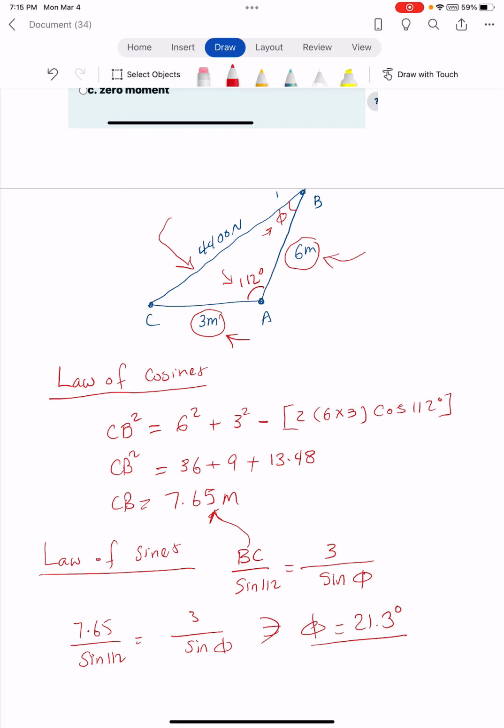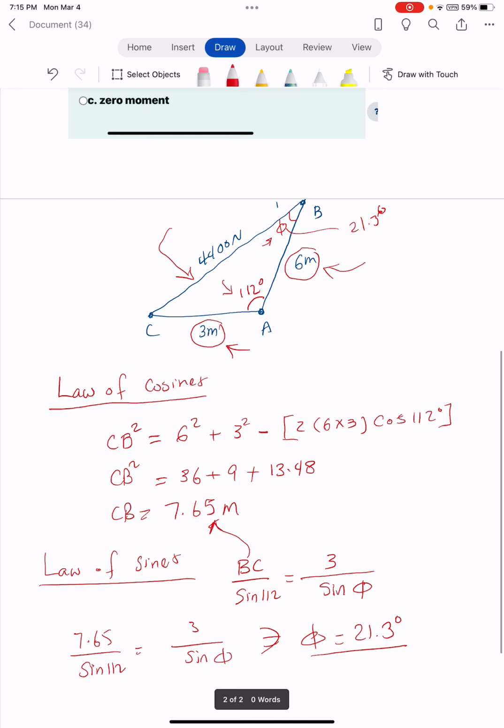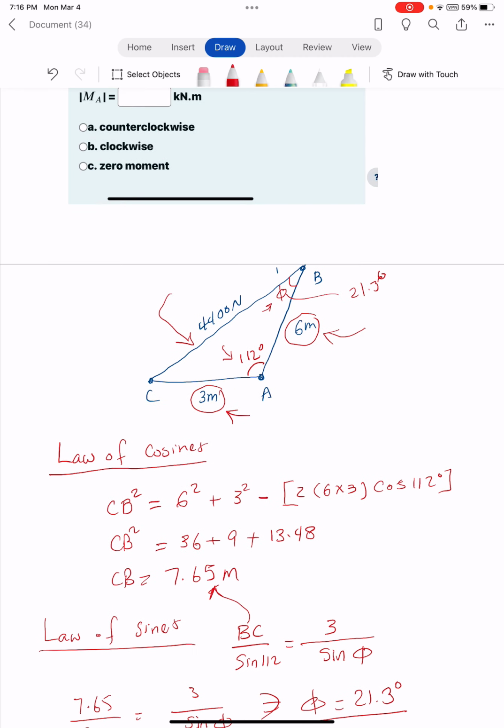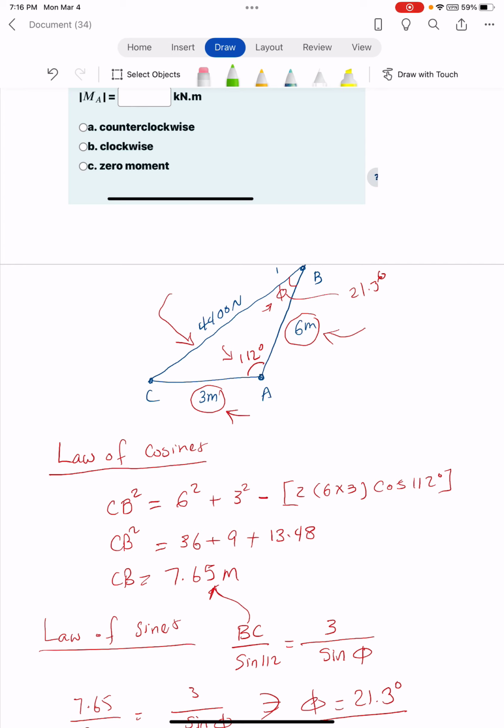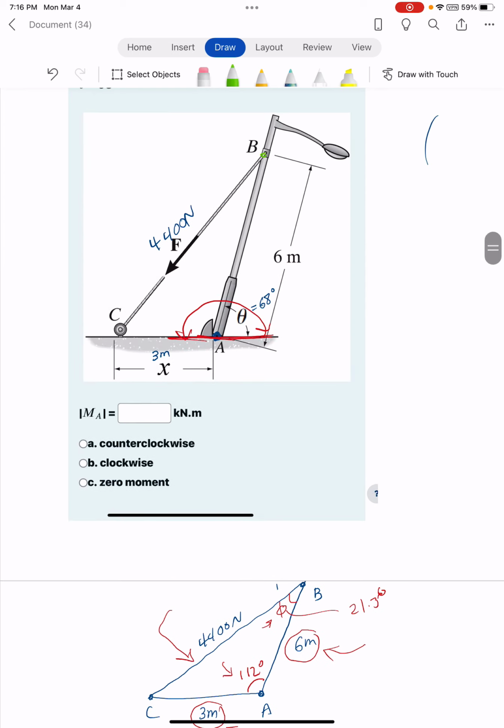Now this is 21.3 degrees. So now we could find out the moment at A. So how are you going to find the moment at A? Let's just do it with a different color. This force would be like this on the cable. Let's do it with the red.